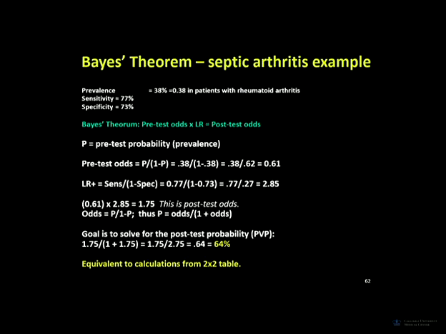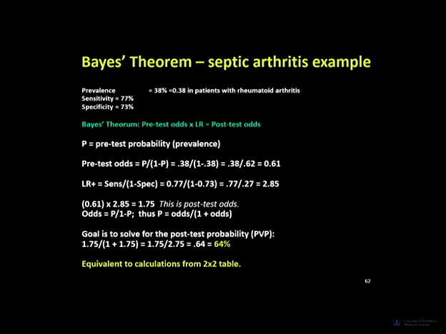So first we want to find out what is our prior based on our current knowledge. That's the prevalence. So the pretest odds, we take prevalence divided by 1 minus prevalence, or probability divided by 1 minus probability, and that's 0.38 divided by 1 minus 0.38, and that's our prior, 0.61. That's our pretest odds, 0.61.